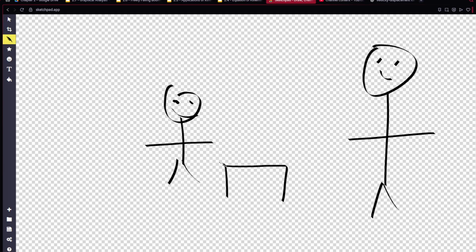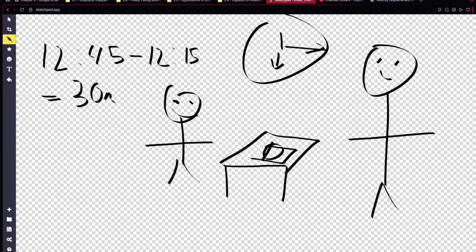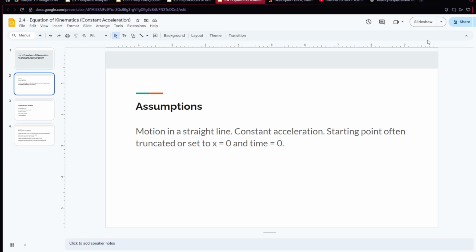If the clock reads 12:15, he's not going to say, okay, let's calculate the time from 12:45, subtract it by 12:15 to get 30 minutes. You have 30 minutes for this test. Instead, he's just going to start a timer at 12:15, and that timer is going to read 00, and it's going to go from there. So that's kind of the logic behind that. I don't know why I had to explain that. That was quite simple to understand.